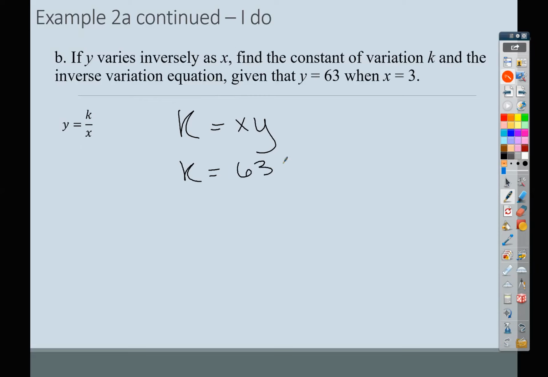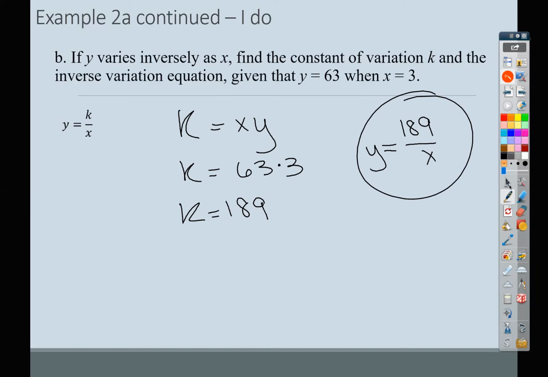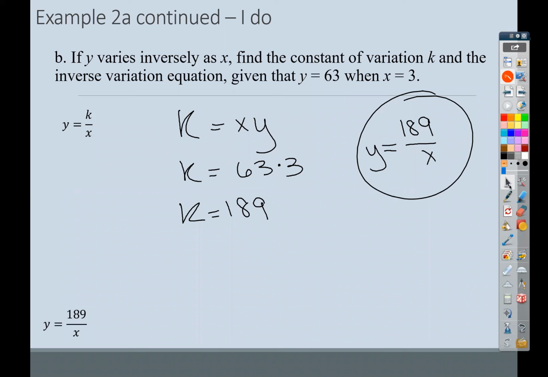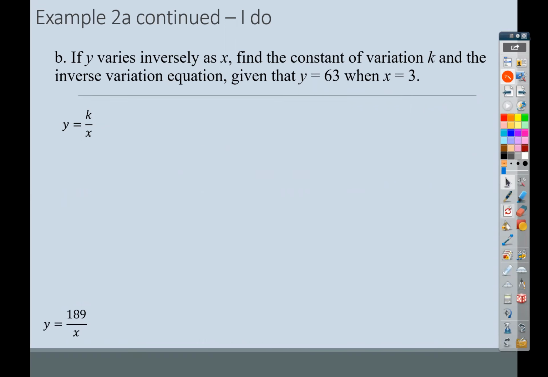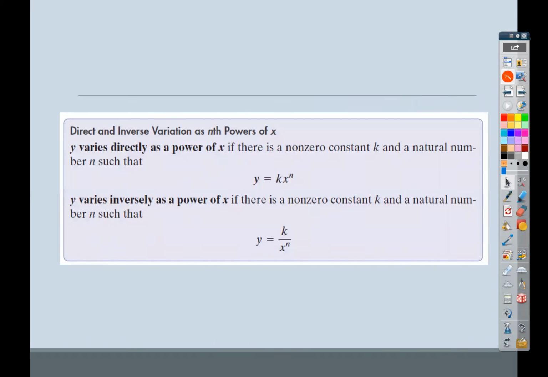So 63 times 3 is 189. If I want to write that equation, I just put the k over the x, and that's my answer. So you can see how this is written. Go ahead and pause that and read.